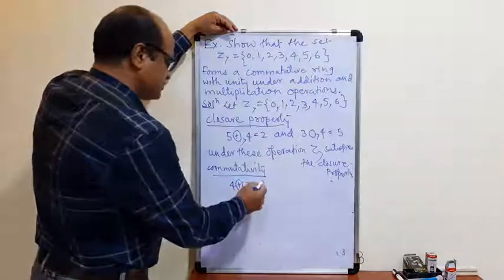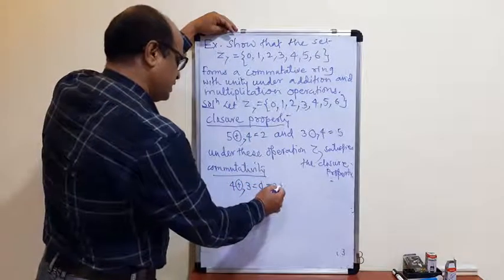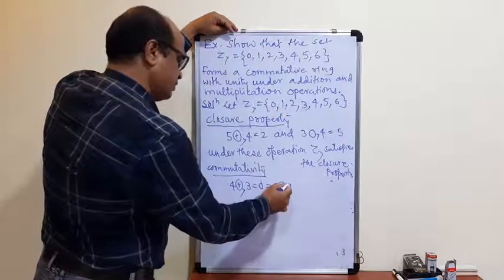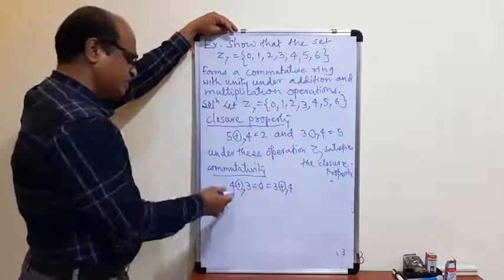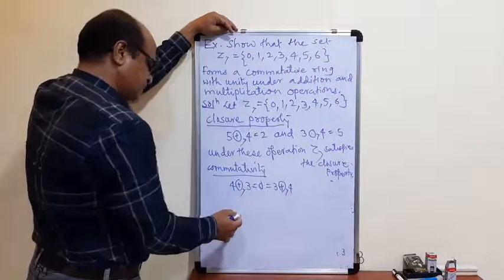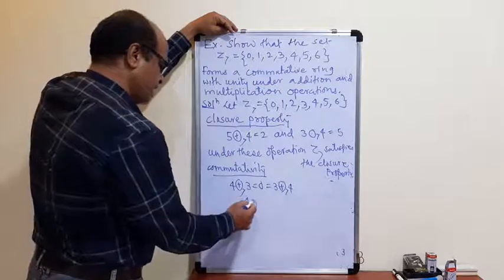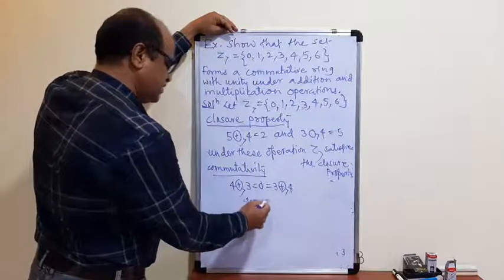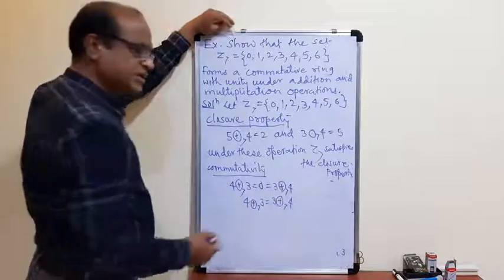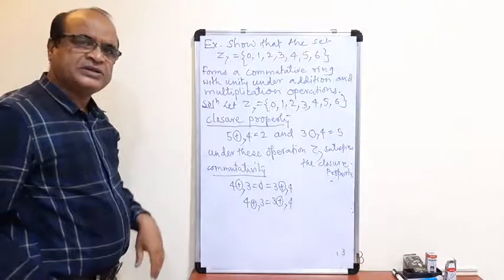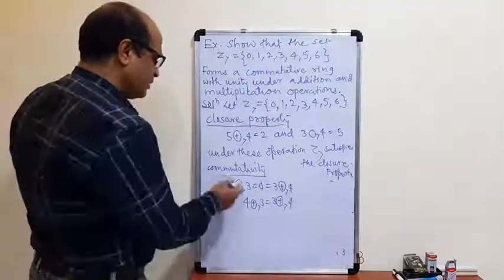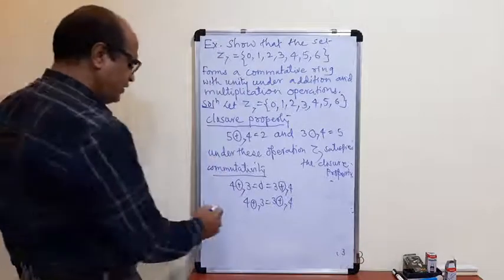So that is 0. This equals 3 addition modulo 7 with 4, which is also 0. Therefore 4 addition modulo 7 3 is equal to 3 addition modulo 7 4. So the commutative property holds here, for 3 and 4 being elements of the set.